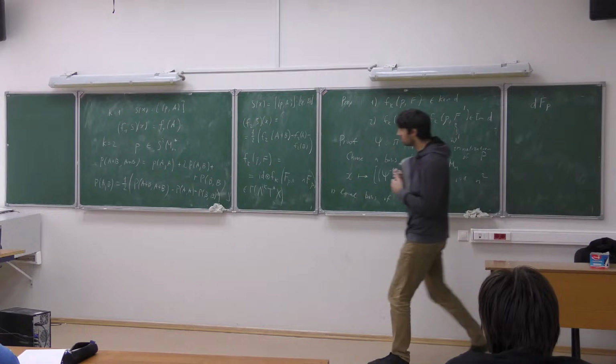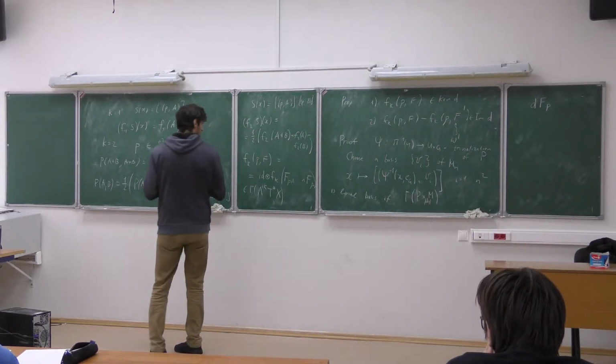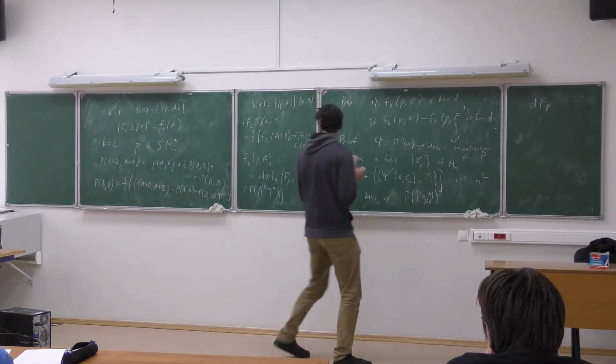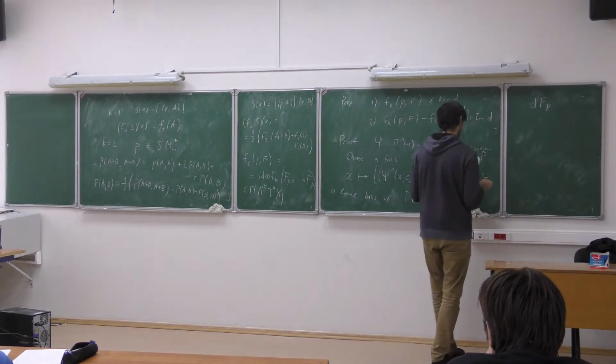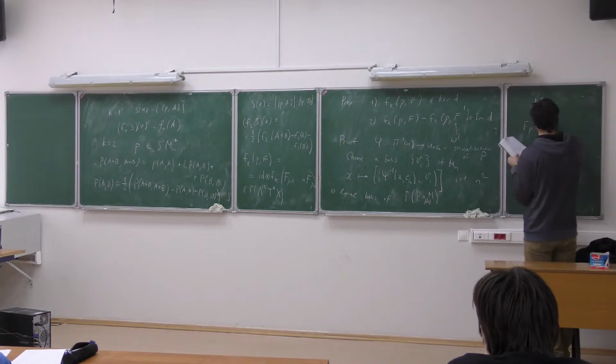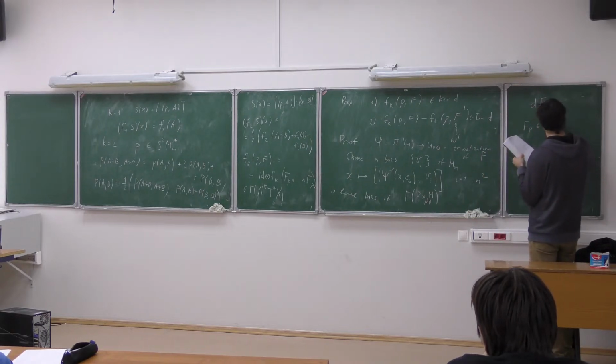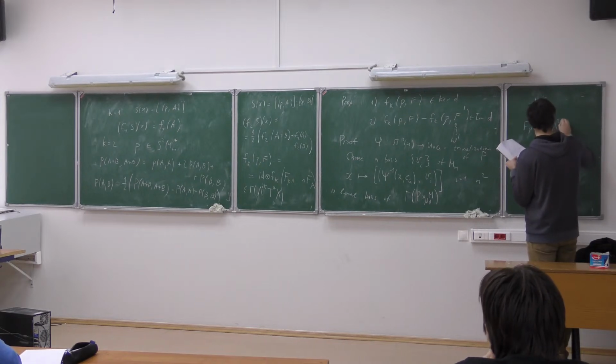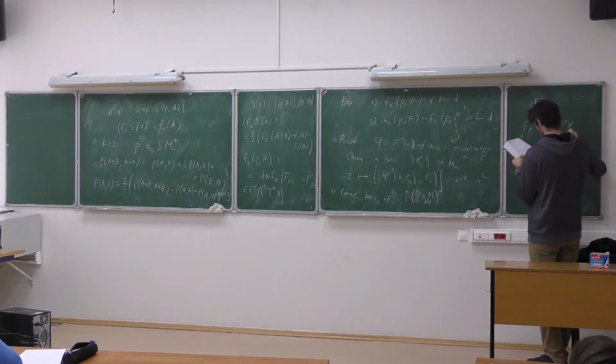Let us recall, F_rho is a section in lambda 2 T star X tensor this.